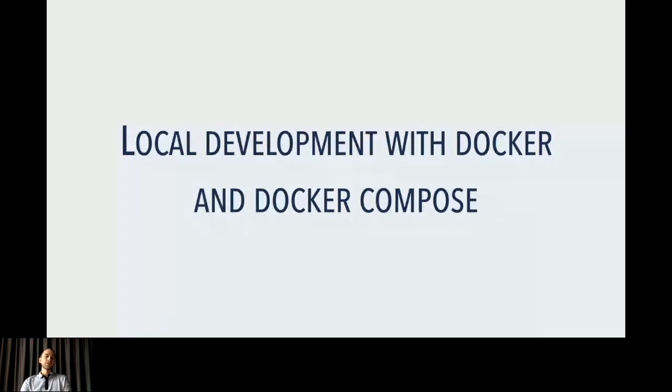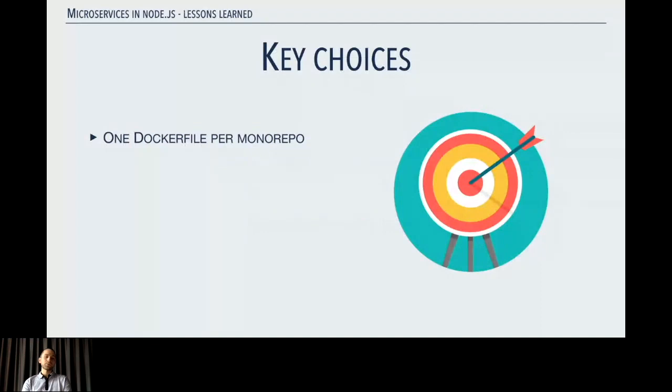So here are our key choices when we are using Docker. First of all, we use one Dockerfile per monorepository, and thanks to that, we can keep it up to date and understand what's under the hood. For our case, it's quite better than having a lot of different Dockerfiles across the app.